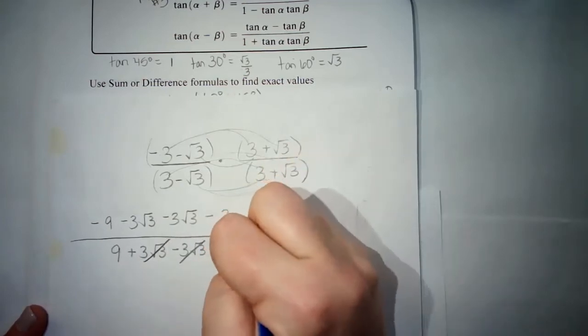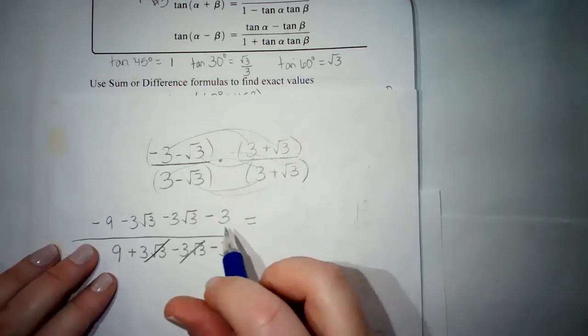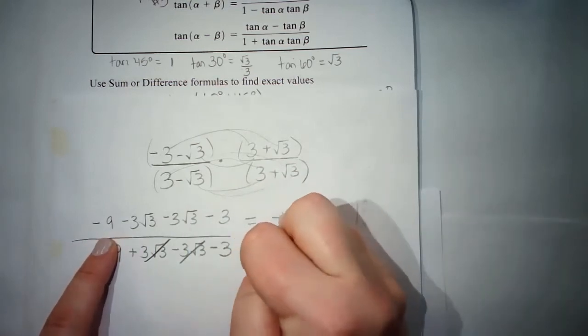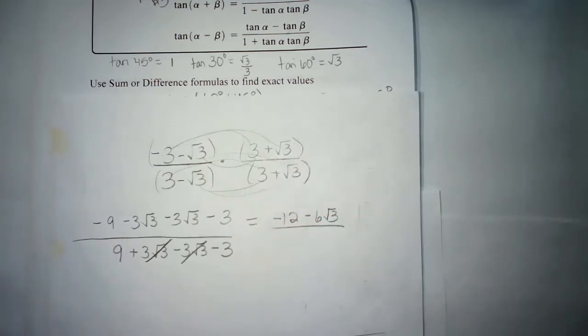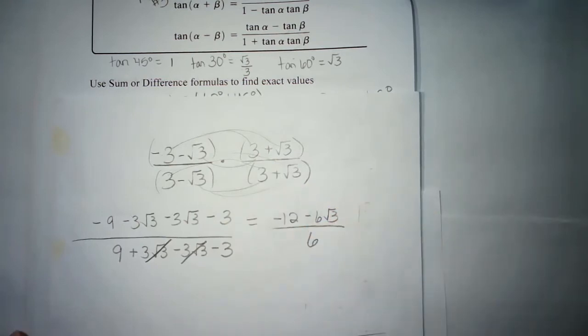I know they all look so similar and you just want to cancel the whole thing, but there's one sign that's wrong, so you can't cancel it. There's no way to fix the one sign. Okay, -9 minus 3, we have a -12 minus 6√3 in the top. Bottom we have a 6.